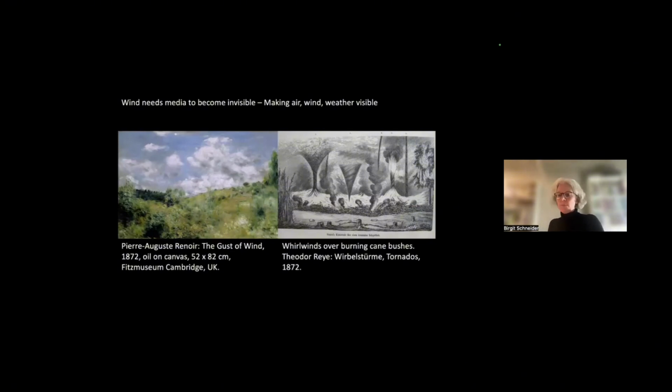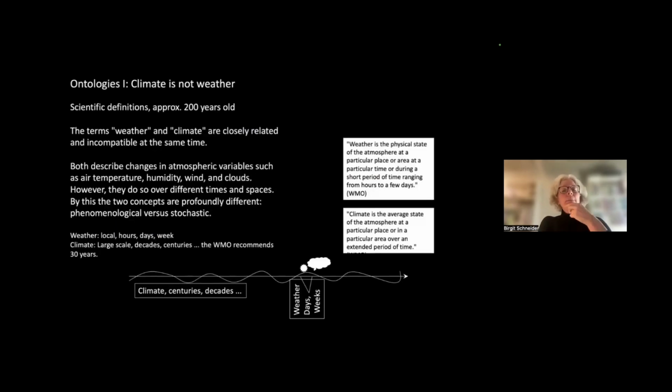I will skip this slide and go directly to this one, which tells us more about the ontologies. Climate is not weather. This is something many learn at school, and this is also something we have to differentiate if we do climate science.